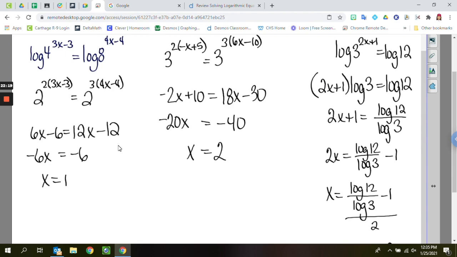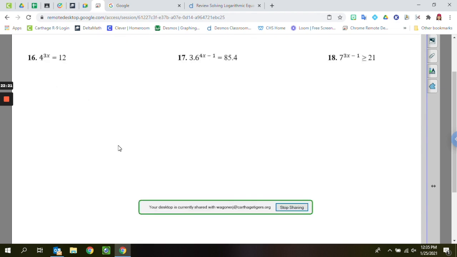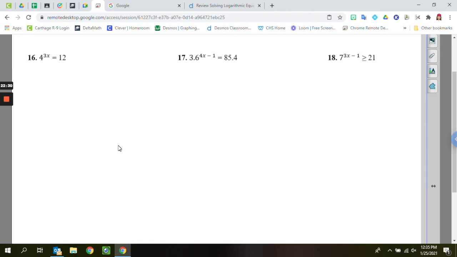So if we look at the next one, again, no way that we are going to get 4 and 12 to be the same base. So apply the log to both sides. Any exponent, rewrite it so it's in front.